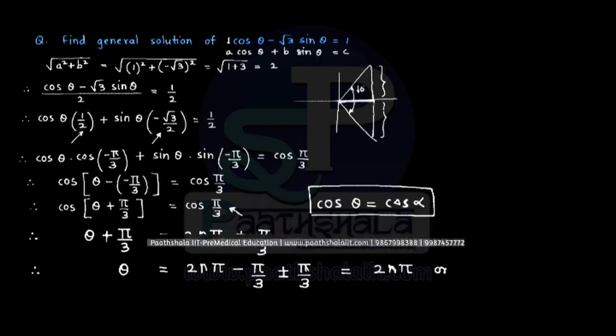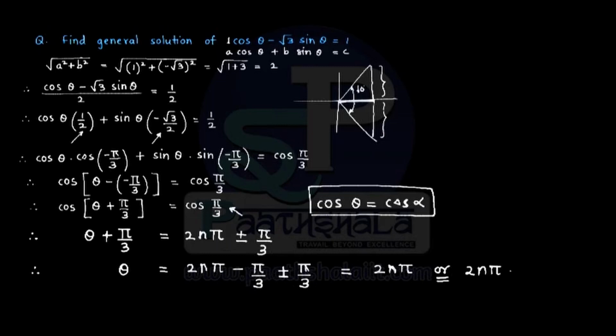So we get another possible expression or the solution as 2n pi minus 2 pi by 3. So therefore here is the general solution of the given equation, and n has to be an integer.